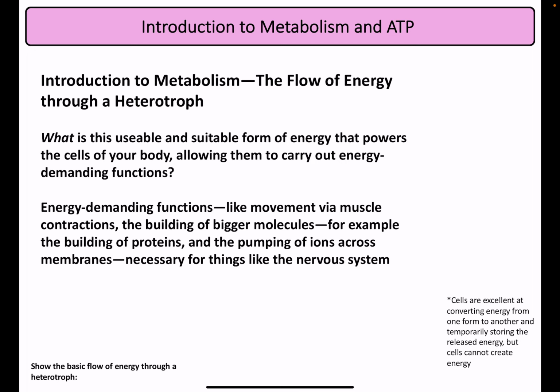So you keep hearing me say that not only does a heterotroph have to consume food, you have to break that food energy into smaller packets that are suitable for a really tiny cell. So my question is, what is this usable, smaller, suitable form of energy that powers all the trillions of cells in your body, allowing them to carry out essential energy-demanding functions?